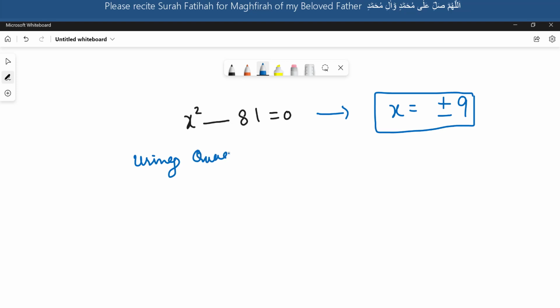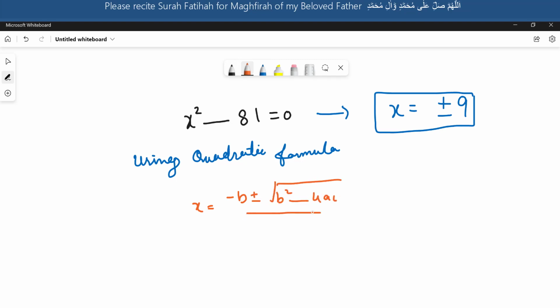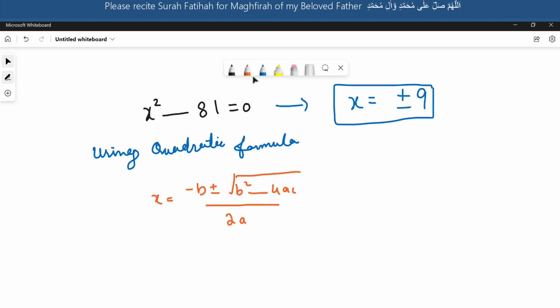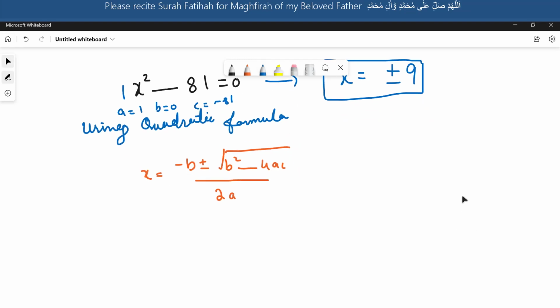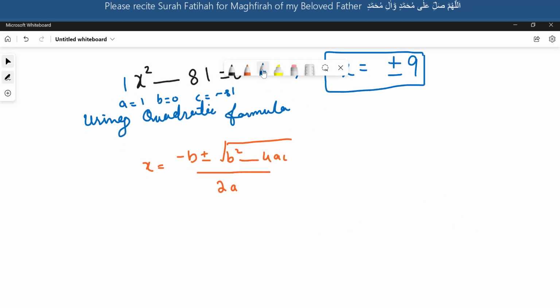So using the quadratic formula, x equals minus b plus or minus the radical of b squared minus 4ac divided by 2a. Here the value of a is 1, the value of c is minus 81, and the value of b is obviously 0.